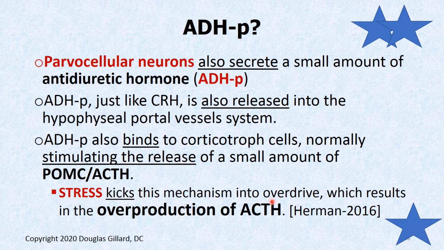It has its own receptors, though. It doesn't use the same ones that CRH does. And normally it stimulates a little bit of POMC. It kind of enhances the effect of CRH normally. The key is with stress. We'll see with stress, this hormone becomes much more important and really drives the overproduction of ACTH.